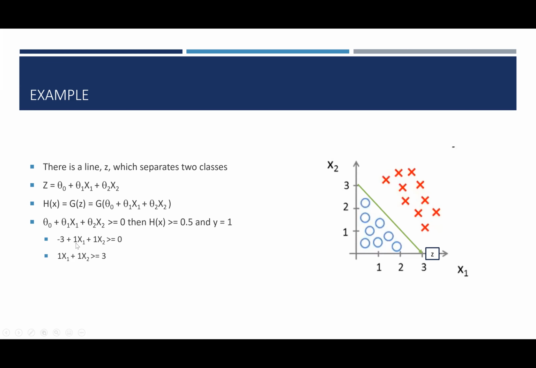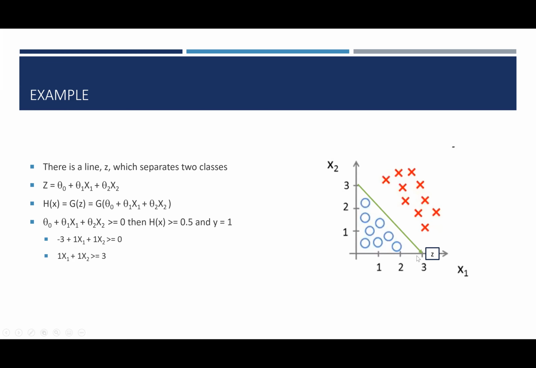And I had like 1x, just to show that 1 is theta 1 in this example, and also theta 2. So you can solve for this equation, and as you see, when x1 plus x2 is greater than or equal to 3, h of x is greater than or equal to 0.5, and you can say that the class is equal to 1.